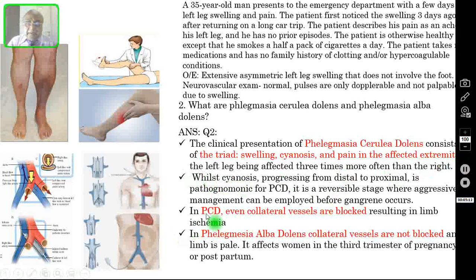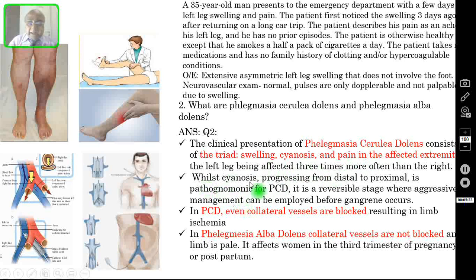The left leg is more commonly affected, 3 times more often than the right leg. Our patient has only swelling and pain. There is no cyanosis. So this is not a case of phlegmasia cerulea dolens. It is just deep vein thrombosis.